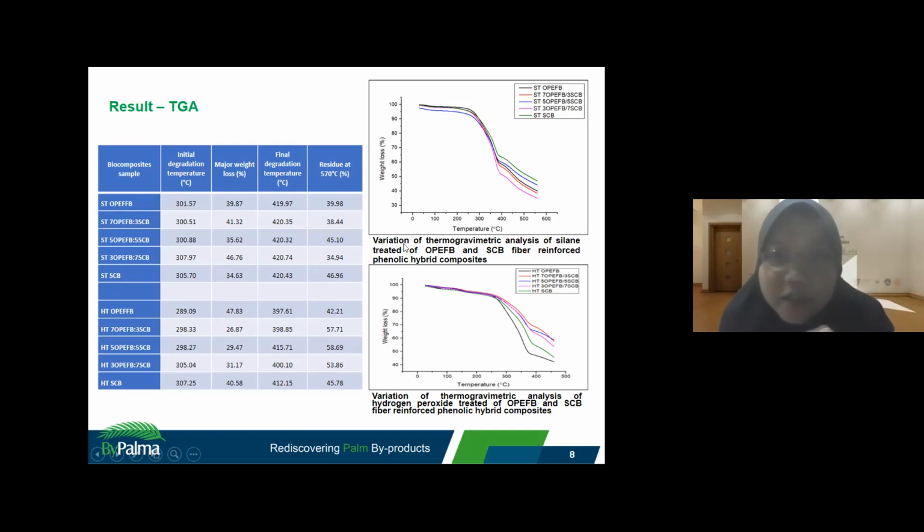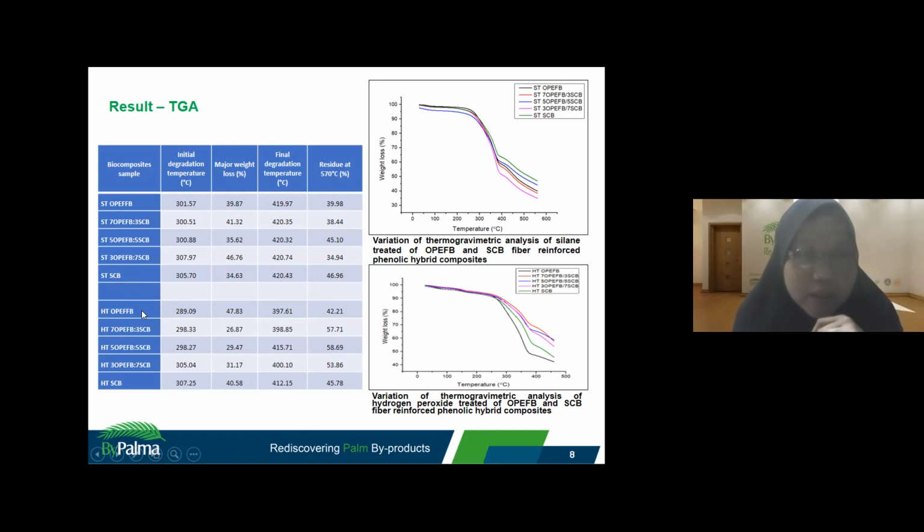So this is the variation of thermogravimetric analysis of silane treated OPEFB and SCB fiber phenolic hybrid composite. So we can say that here, the sugarcane bagasse fiber is good in thermal stability.